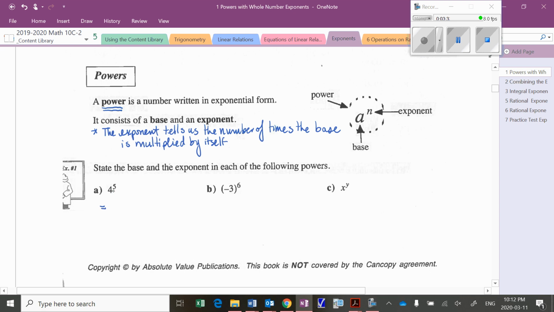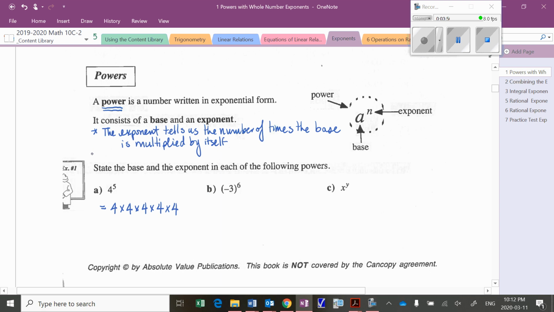The base being 4, and the exponent says repeat that 5 times, so 4 times 4 times 4 times 4 times 4.